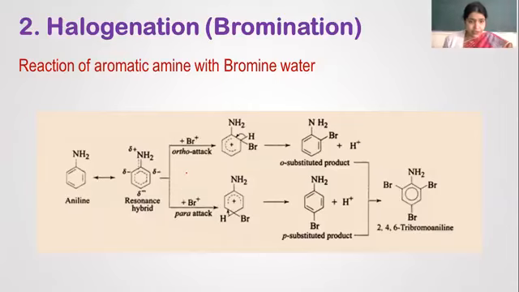When aniline is reacted with bromine water, all three positions are substituted by bromine and there is the formation of 2,4,6-tribromoaniline. That means a polysubstituted product is formed.